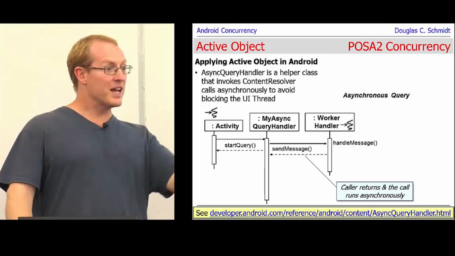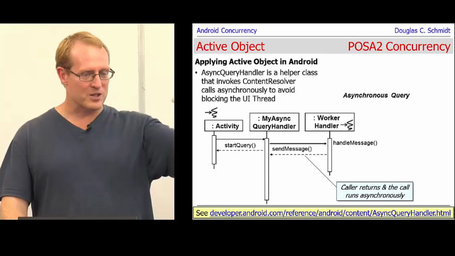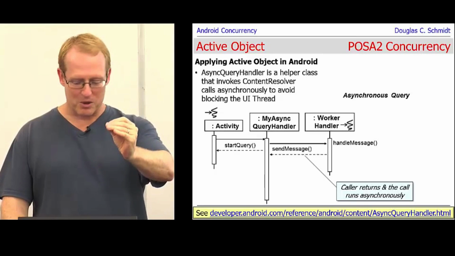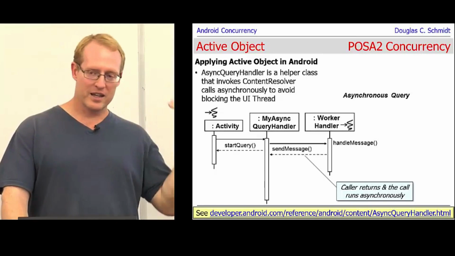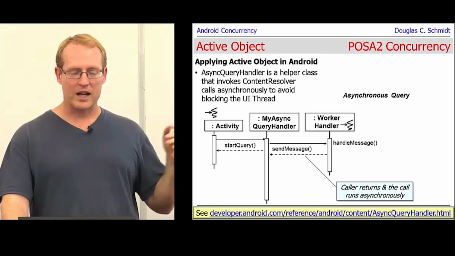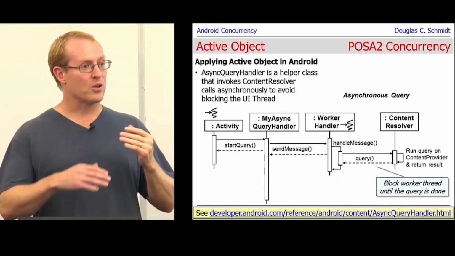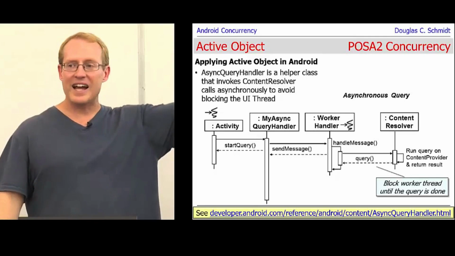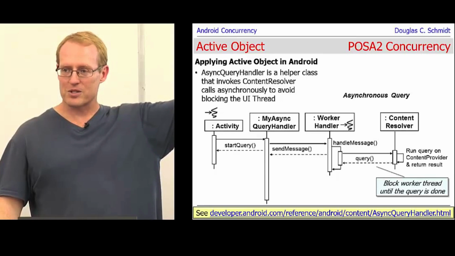And the send message call also returns right away, but the first thing it does is convert the arguments into a method request or a message, sticks them onto the worker handler's message queue or activation list, and returns right away, so that doesn't block. And then the worker handler's handle message call gets invoked in a separate thread of control, and that goes off and does a blocking call on the content resolver.